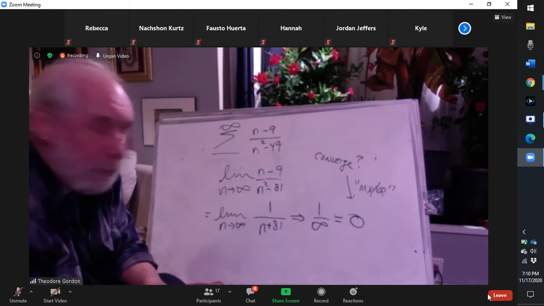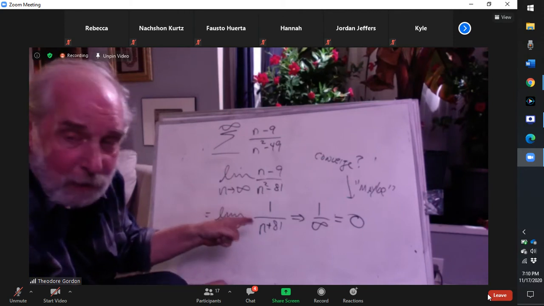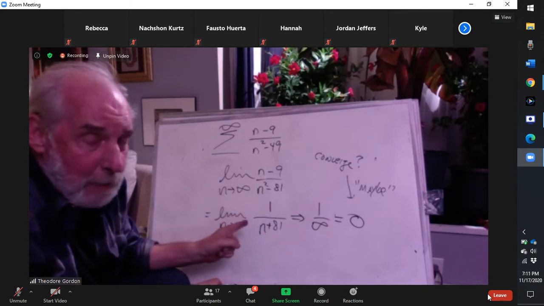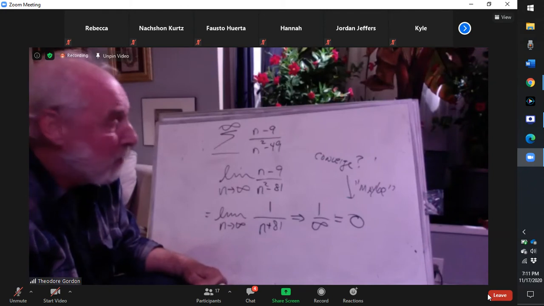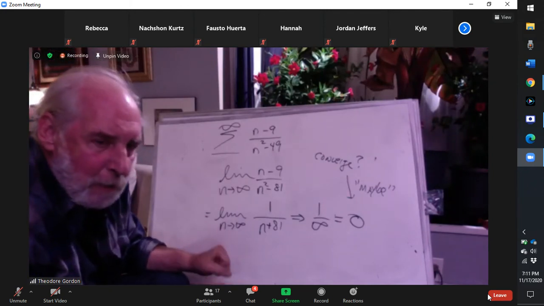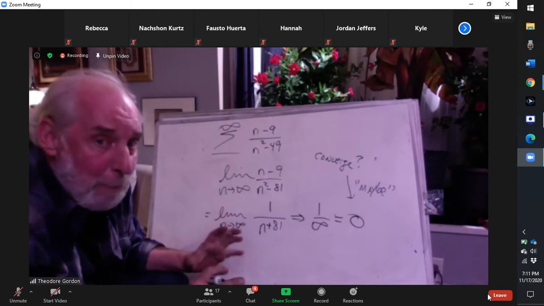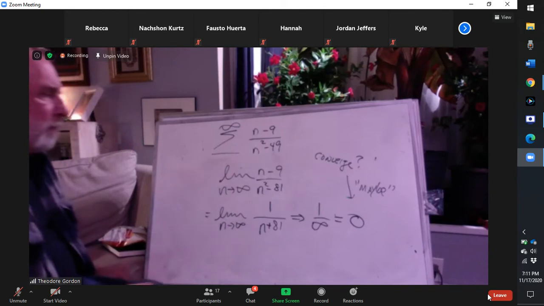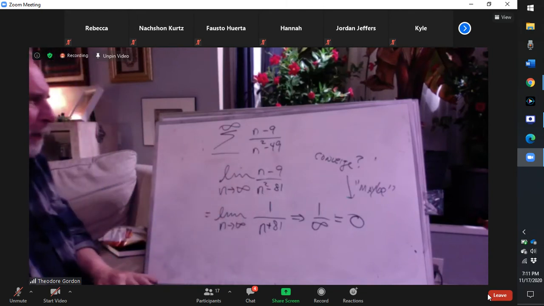And by the way, the answer is no, it diverges. I can tell just by looking at that. And in the next class on Thursday, you'll be able to tell just by looking at that as well. So the nth term test definitely can tell you if something diverges, but it can't tell you if it converges, it can only tell you maybe. Turns out this one actually does diverge, but we'll get into that later.